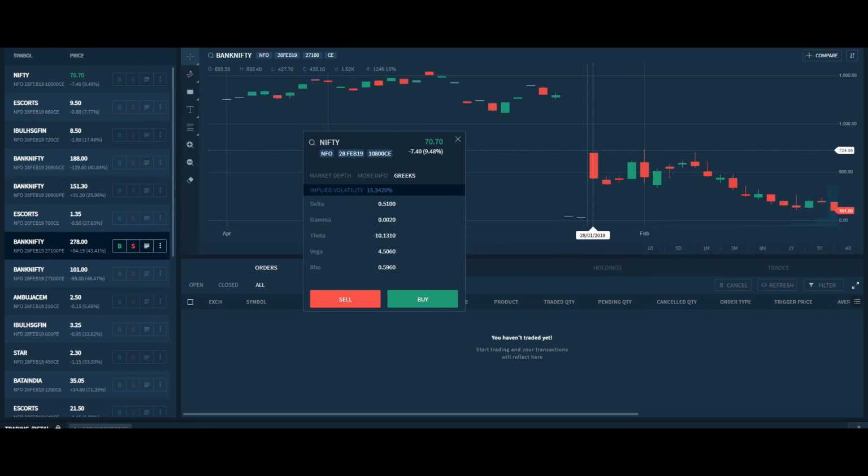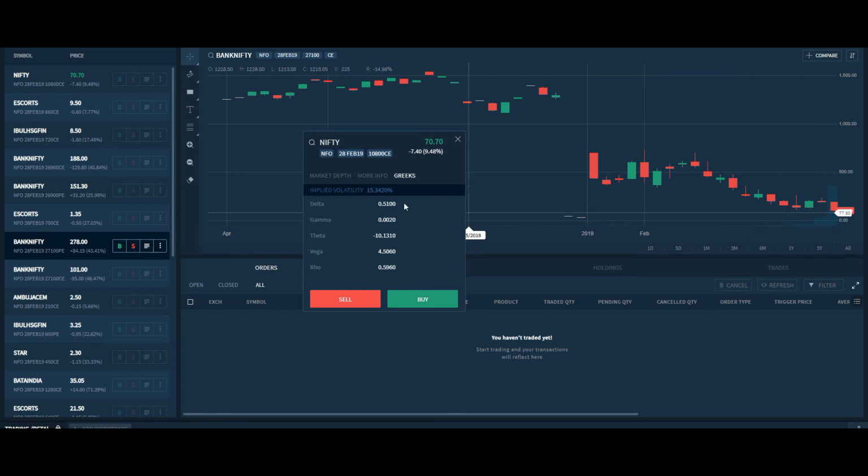So the option premium for this particular strike 10,800 started at somewhere around 697, and today it is at 70.70. So you'll understand the market is still near 10,800. There is nothing wrong with it. Probably the market has fallen and come down to a level, but still, if you look at it, the premium erosion is way too high.